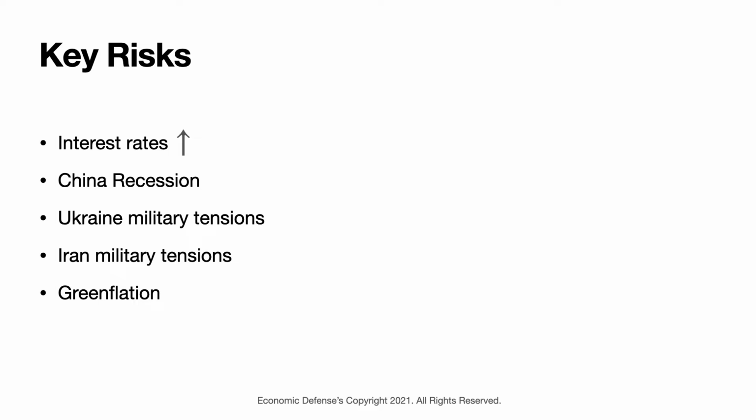And so what are the implications of these risks? So if we look at interest rates, what increased interest rates might do is pop bubbles, both in real estate but also in what's called growth stocks.